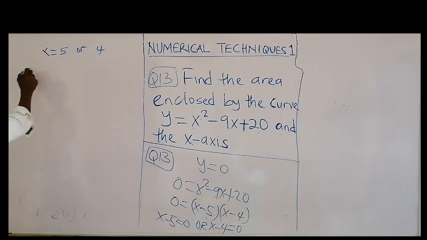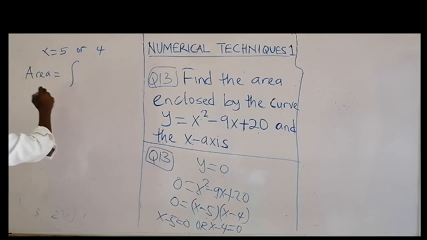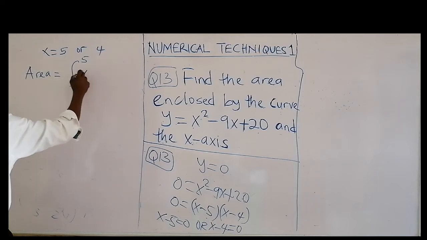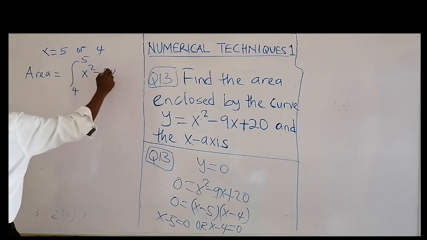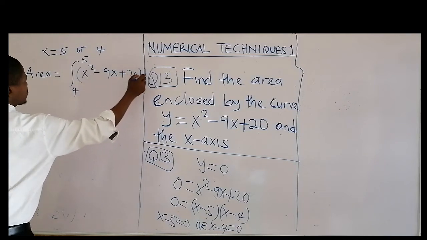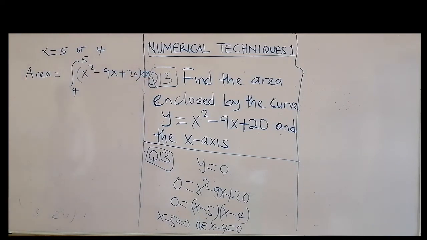Therefore, the area enclosed by that curve will be the integral from 4 to 5 of x squared minus 9x plus 20 dx. That's the area using integration.